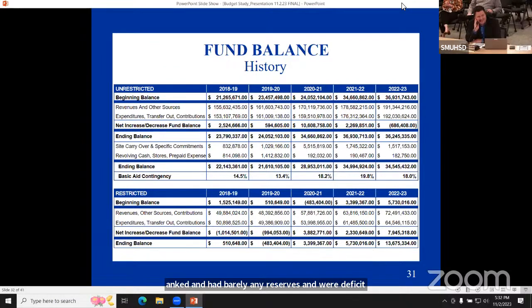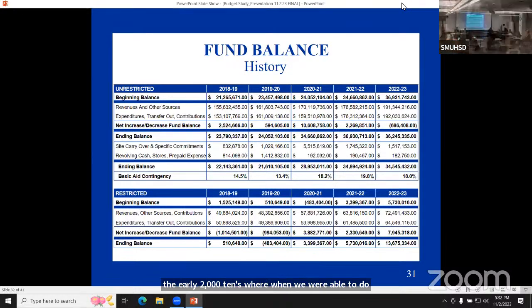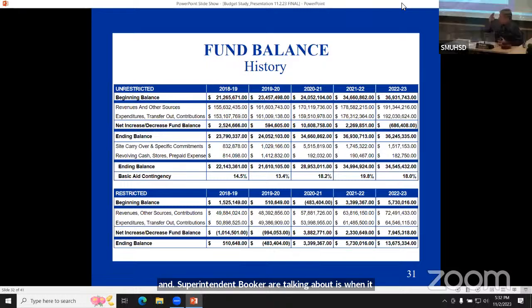I'm sure Trustee Griffin has the scars from those pink slips, and then it steadily built up as the economy changed and, more importantly, when our secured property taxes recovered and had a few strong years in the early 2010s, that was when we were able to do that. The cautionary tale that both Trustee Griffin and Superintendent Booker are talking about is that when it really gets bad, that money disappears fast.